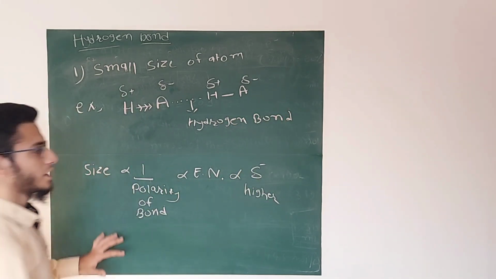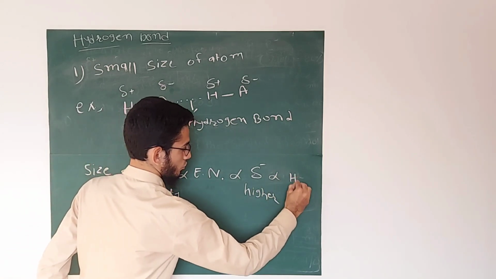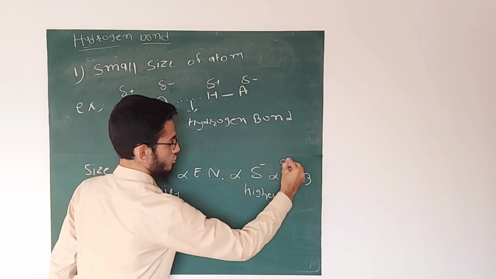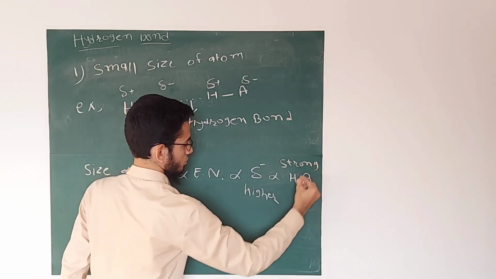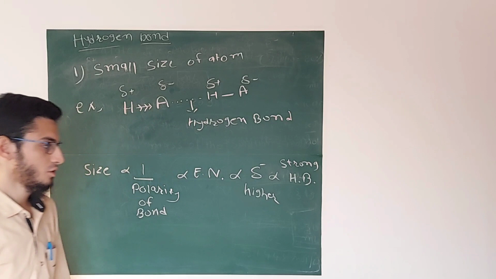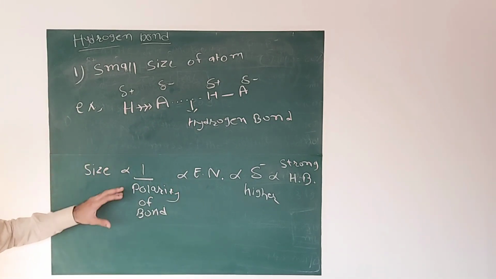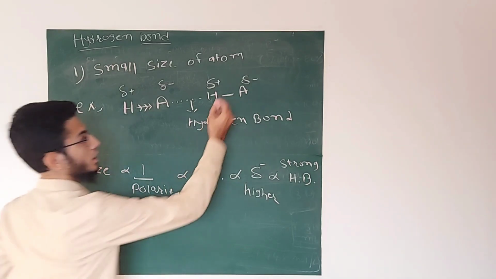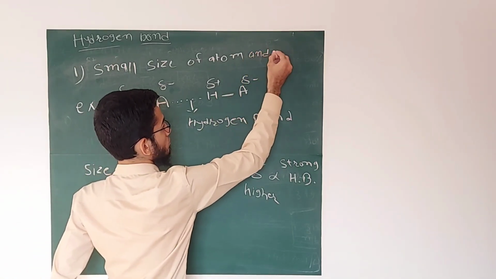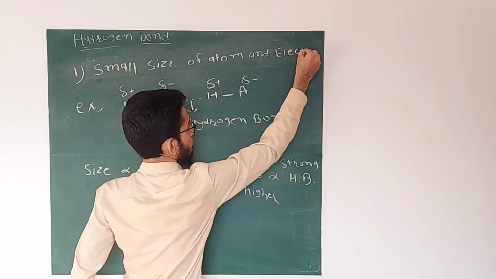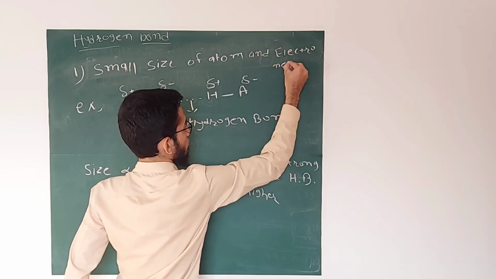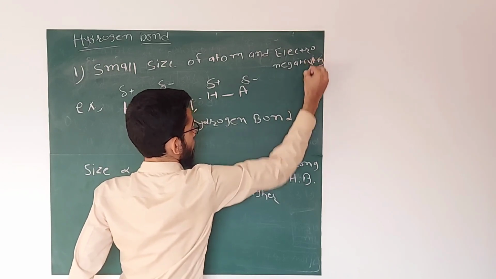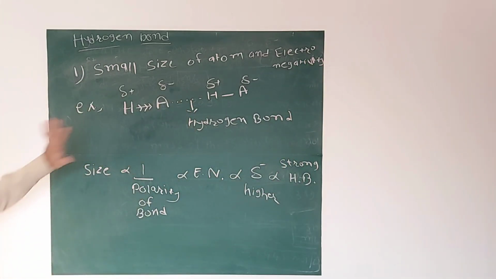Okay, you can easily understand what I want to say. So strong hydrogen bond, HB. So first of all, size of atom and also electronegativity of the atom, both are in this case.